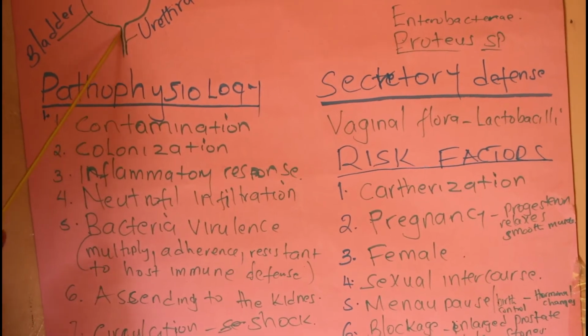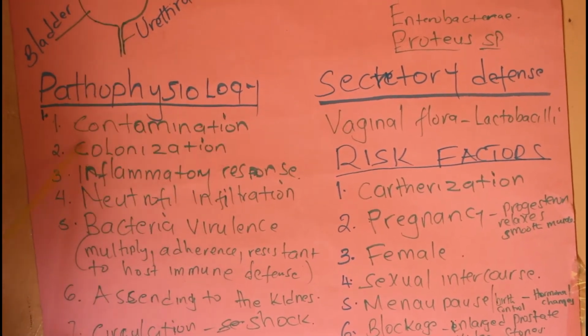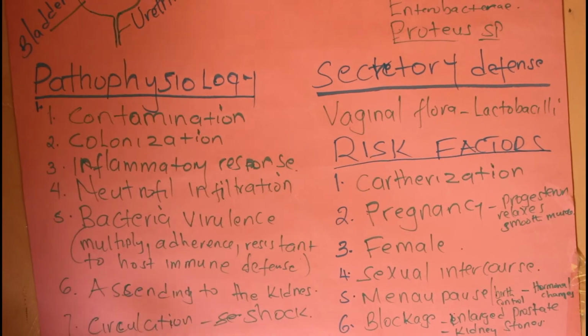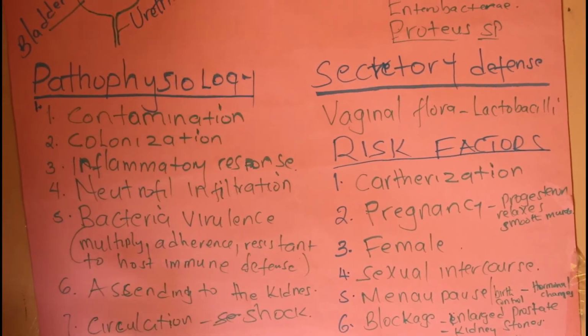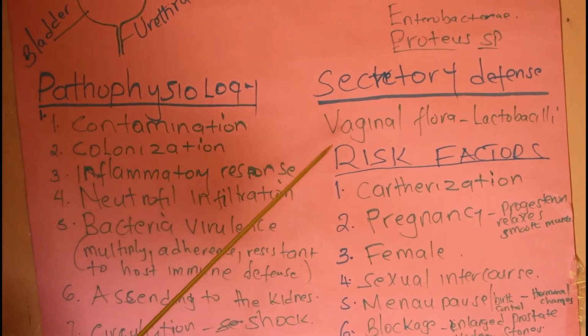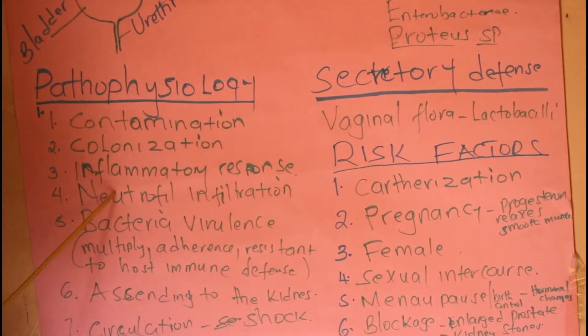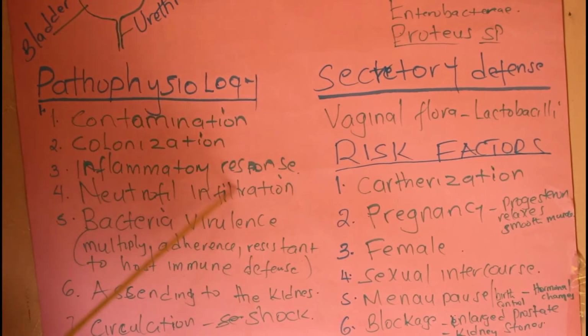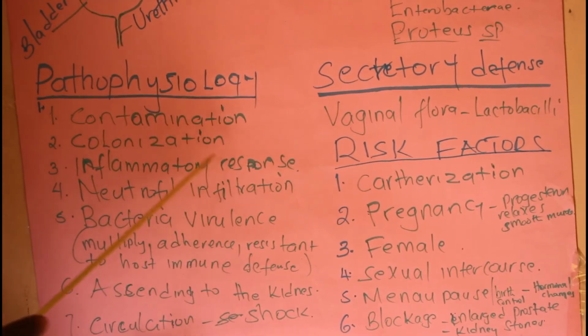When they have entered, they colonize the area, the bladder, and then normally after colonization with the pathogen, there's an inflammatory response by the body, which includes infiltration with neutrophils.